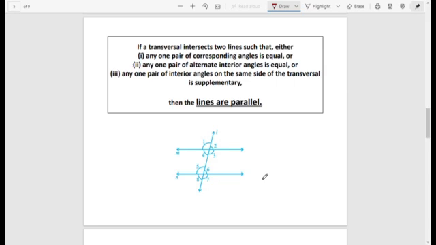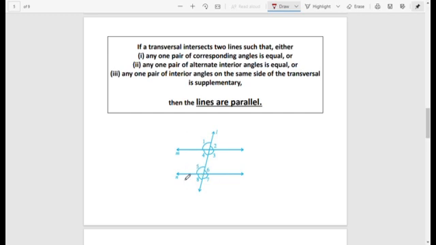So here transversal L is there, and if corresponding angle 2 is equal to 6, then the lines are parallel. If 1 is equal to 5, then also the lines are parallel.